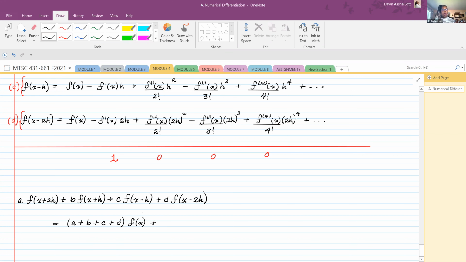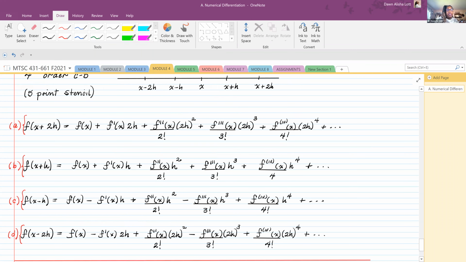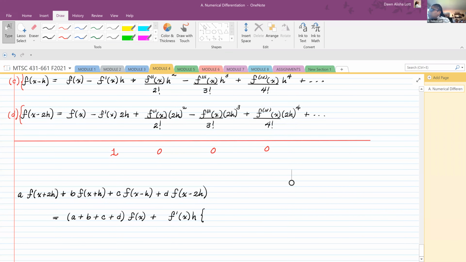The next is the coefficient of f prime of x. So for the f prime of x, I'm going to take f prime of x out, and I'm going to take out an h. And when I do that, oh, nope, I'm sorry. There is no 2 factorial in this one. I'm a little confused. Let's get rid of that.